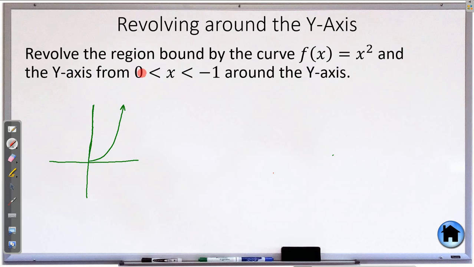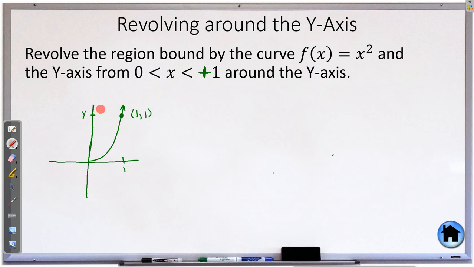And we're going from 0 to negative 1? Fair enough, we can do that. That's fine. Actually, let's change that to a positive 1. I think that'll make our lives a little bit easier. Okay, so we're going from there to there. And because we're going from 0 to 1, our y value up here will also be 1.